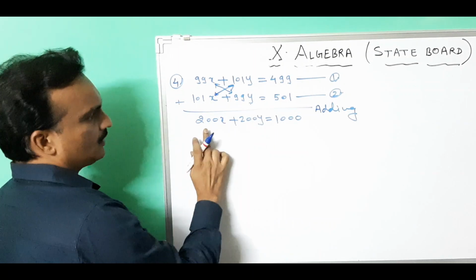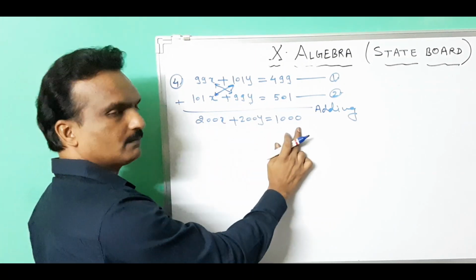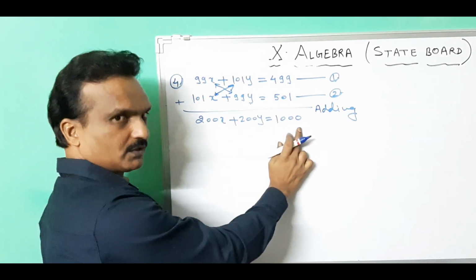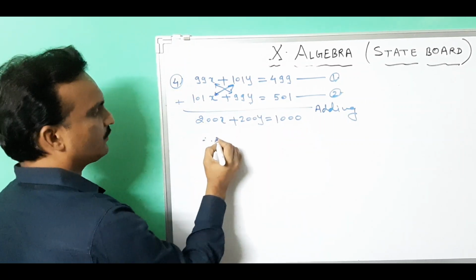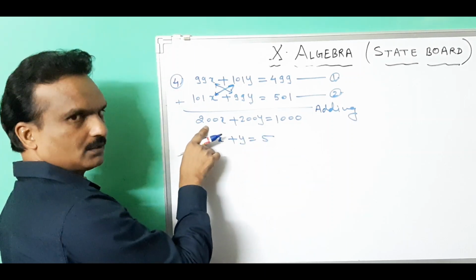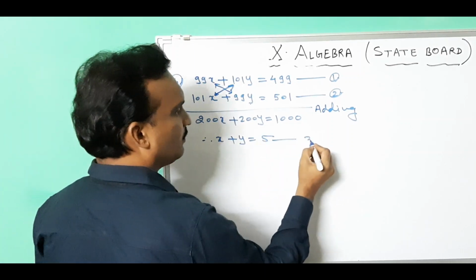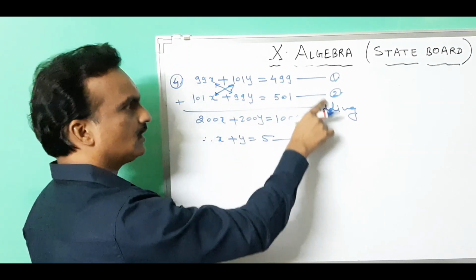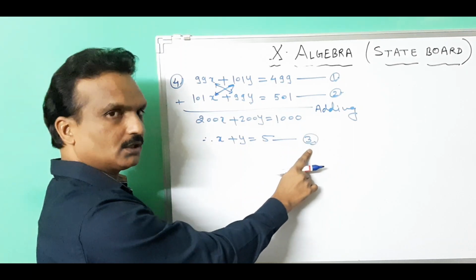Now as you can see, we can divide this equation by 200. So therefore x plus y is equal to 5. Okay, equation number 3. So when you are adding these two equations, you are getting third equation.